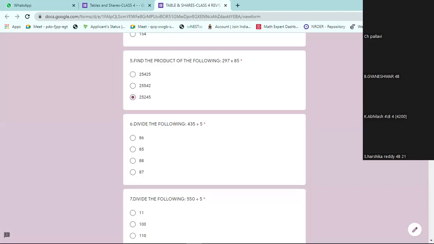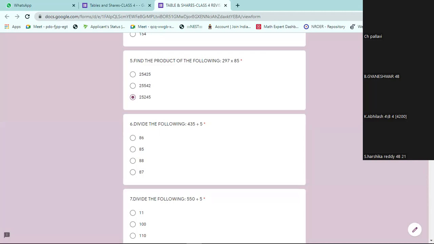I have explained both in the class. When big numbers are there and you don't know how to start, whatever numbers you know, you can try. You can try with 10 or 20 or 30, 40, 50. See that it should be easy. I have taken 20 because 5 into 20 is 100, easy to subtract. So you can do it in any method.